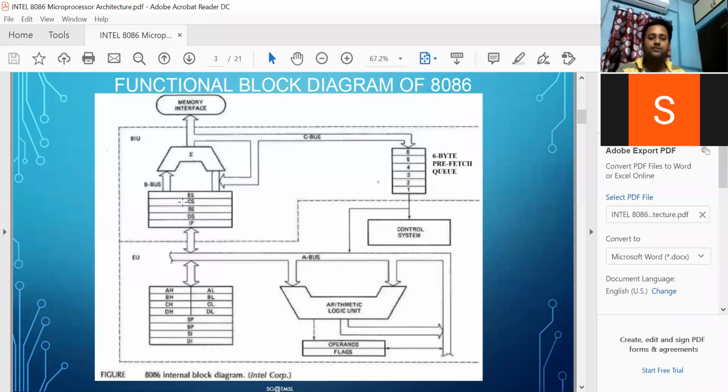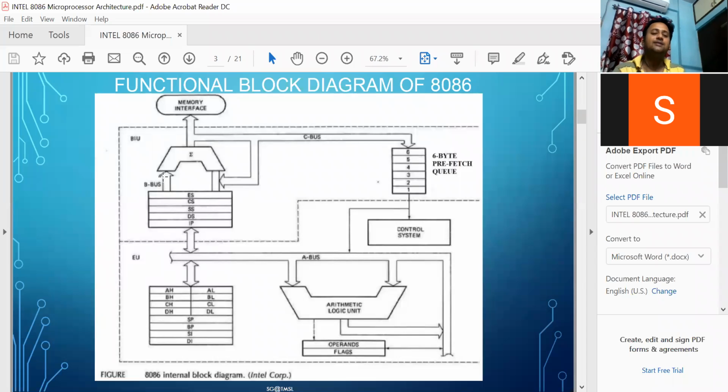The combination of this code segment and IP, this is the segment address, this is the offset address, is used to generate the physical address, which is 20-bit in size.